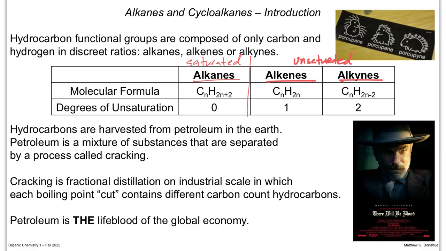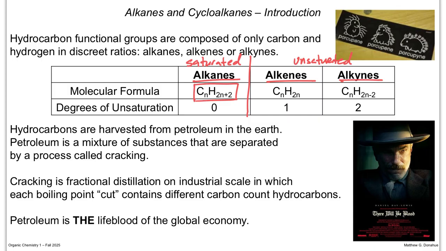So don't forget this CnH2n+2. We invoke that to determine degrees of unsaturation. And we're going to start with some of the nomenclature rules, just so you get an idea of that.